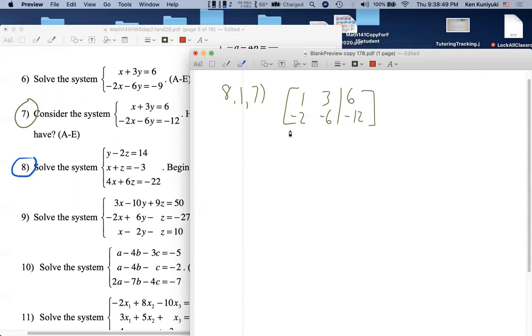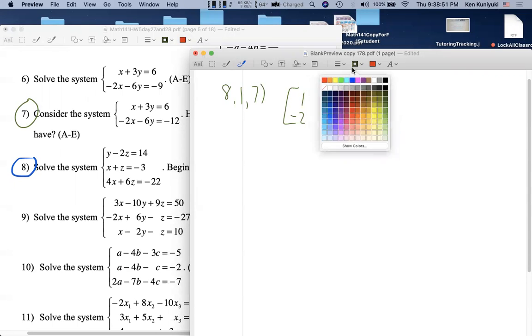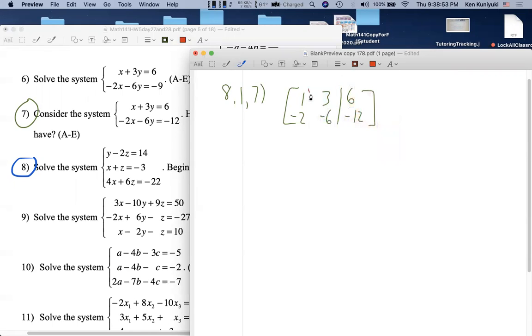Now we like the 1 there. I want to make the -2 into a 0. So what's the idea? We take the old row 2. It's good to write down these notes. The old row 2 was -2, -6, 12. And then we want to add twice row 1.